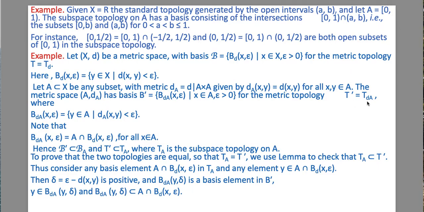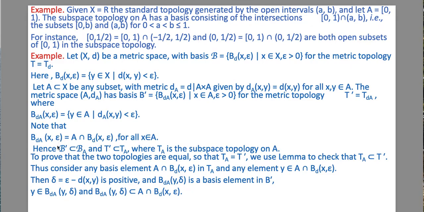It means T' is equal to T_{d_A}, where B_{d_A}(x, ε) is equal to {y belonging to A such that d_A(x, y) is less than ε}. This is a ball centered at x with radius ε. So it is the collection of all the elements of A whose distance from x is less than ε. It means B_{d_A}(x, ε) is equal to A ∩ B_d(x, ε) for all x belonging to A.